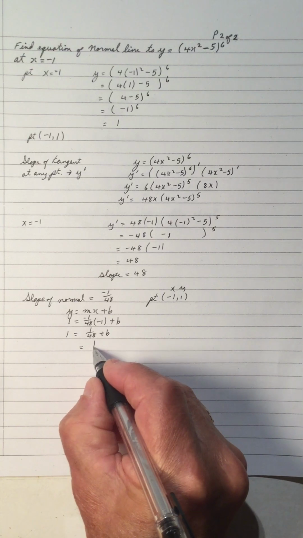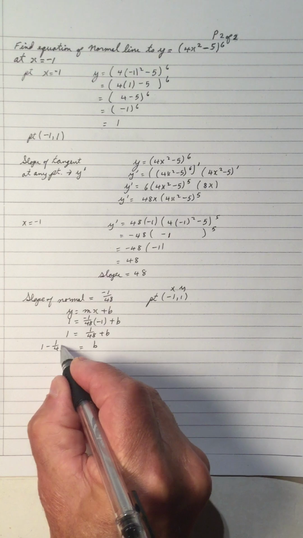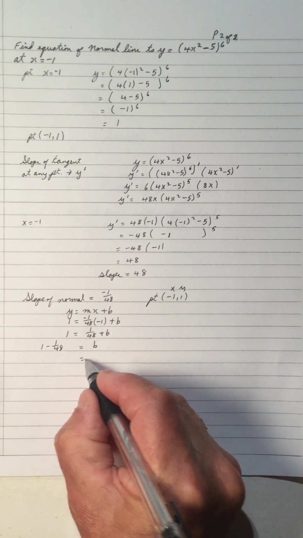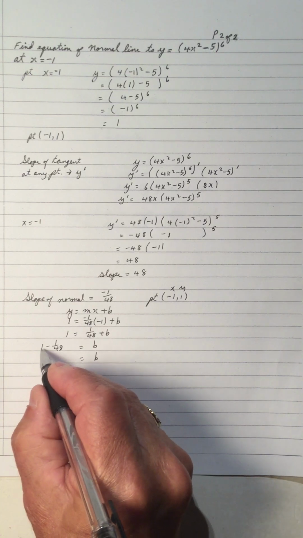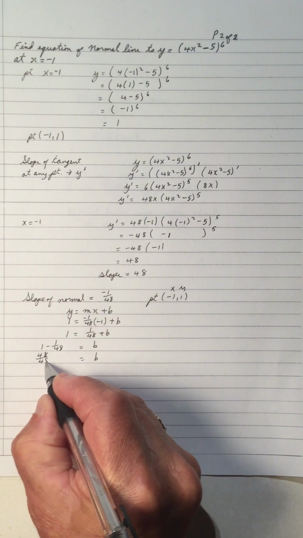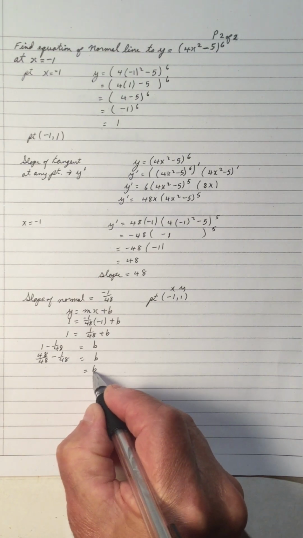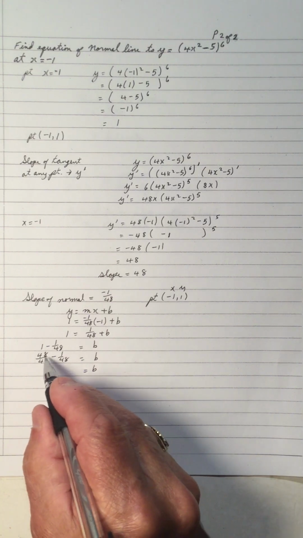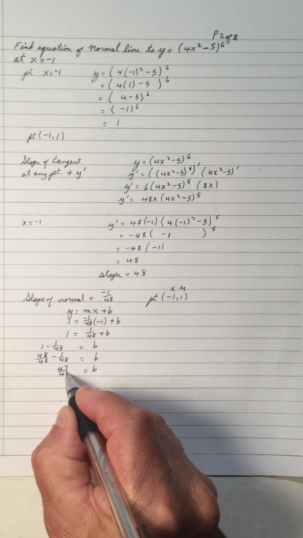Leave the b on the right side and go 1 minus 1 over 48. We want to subtract these two, so 1 is the same as 48 over 48, common denominator. So b becomes 48 minus 1, which is 47 over 48.